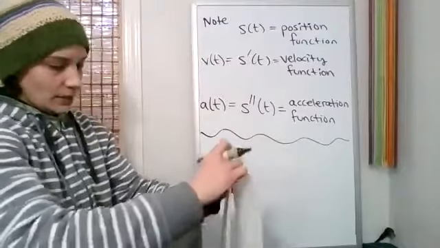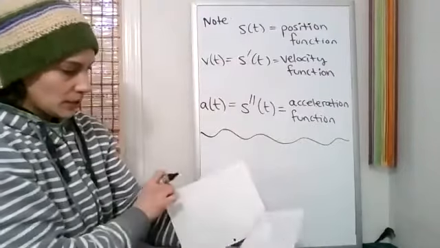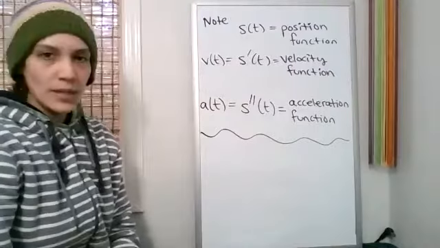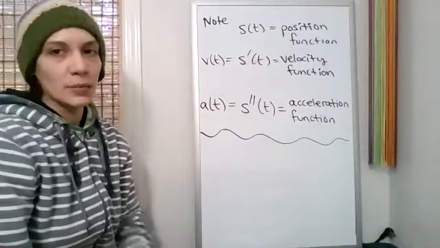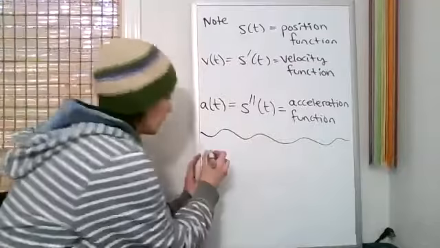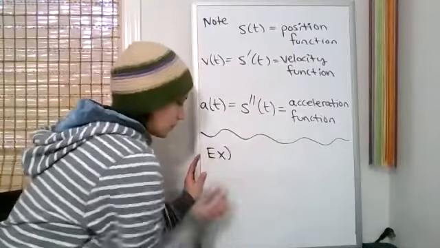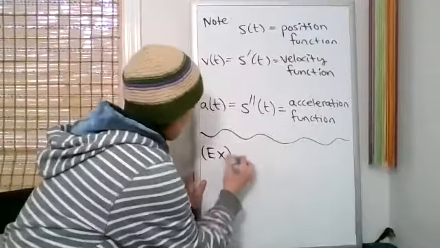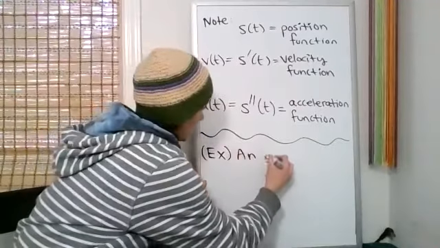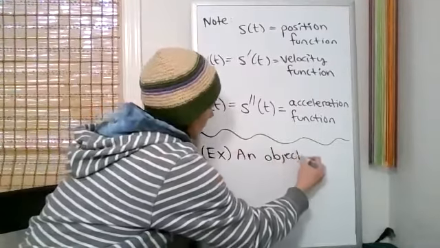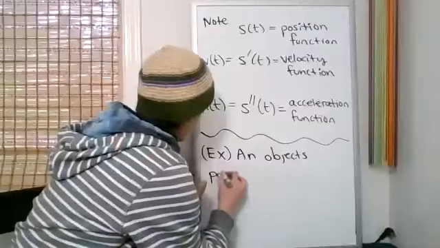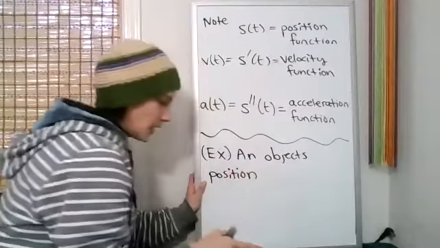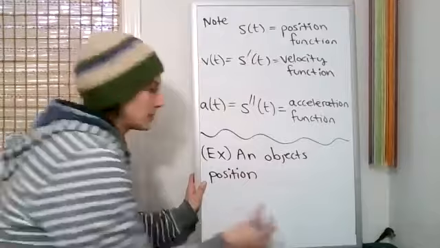I think I've got just one example, and that's about it. So we'll do one today. Maybe next time we'll do another example. But for now, we've just got an object's position given by s of t.